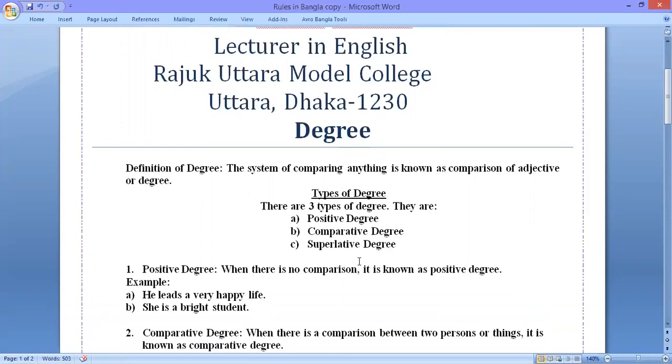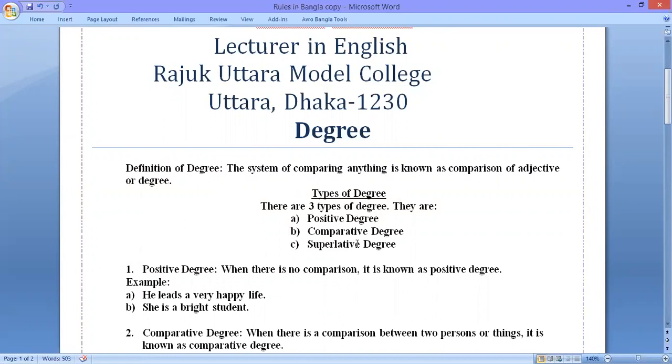So first of all, I would like to define positive degree. The definition of positive degree is when there is no comparison, it is known as positive degree. I am repeating, when there is no comparison, it is known as positive degree.